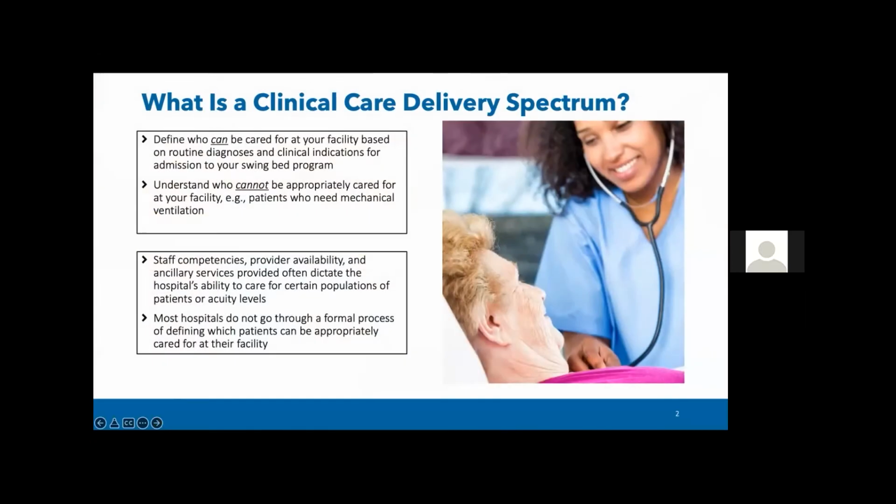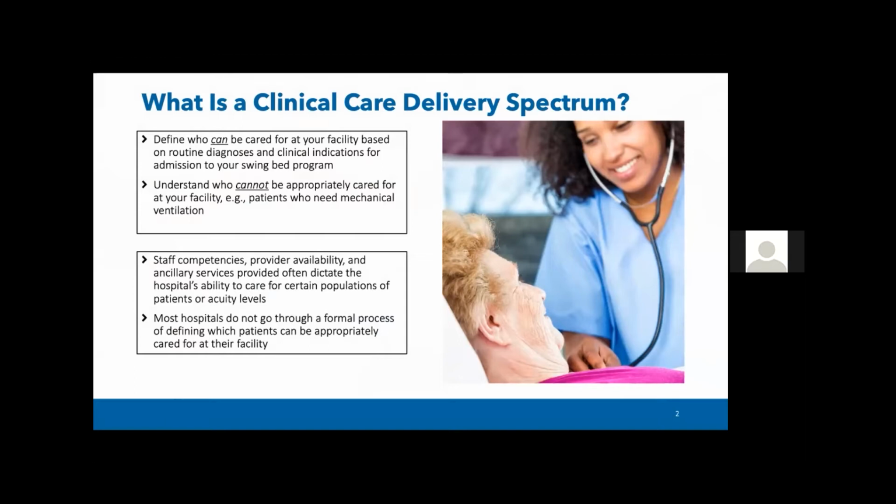So what is a clinical care delivery spectrum? This is how we define what type of patients we keep at our hospital, whether that's admitting to acute or admitting to our swing bed program.